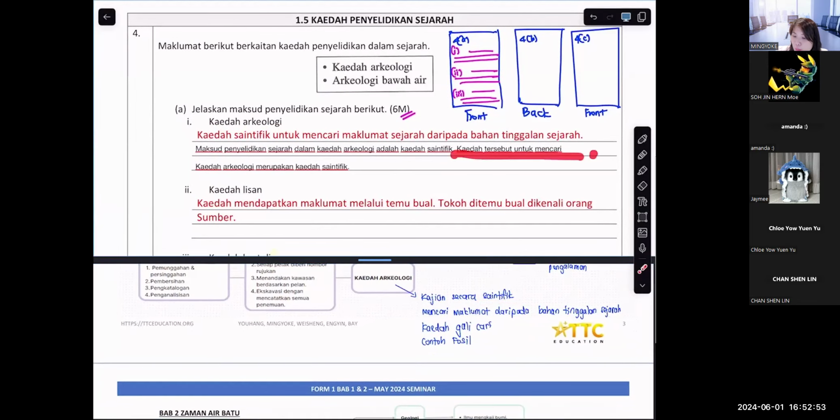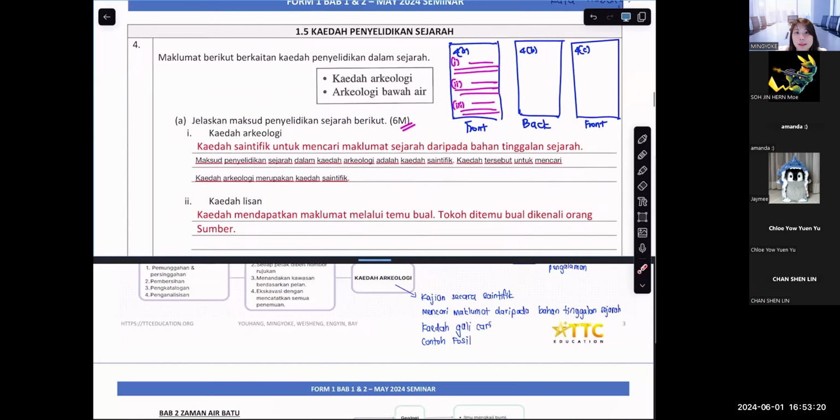Kaedah tersebut untuk mencari maklumat sejarah daripada bahan tinggalan sejarah, like that. Or you can go direct for kepala soalan from here, kaedah arkeologi merupakan kaedah secara saintifik. Kaedah tersebut untuk, like that. Understand? Same goes for second, third, also you must have kepala soalan.